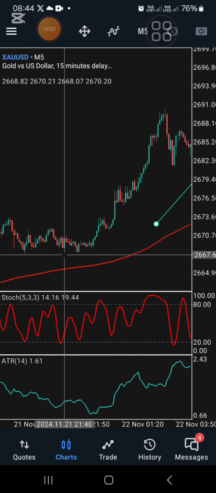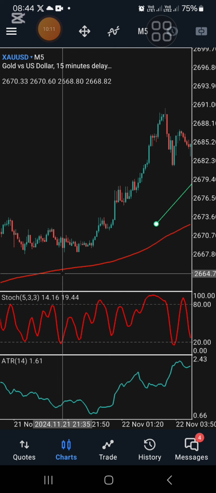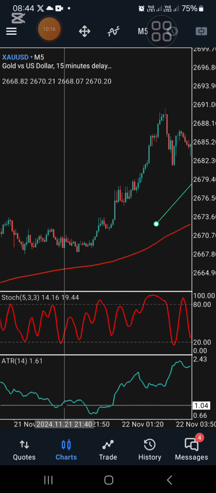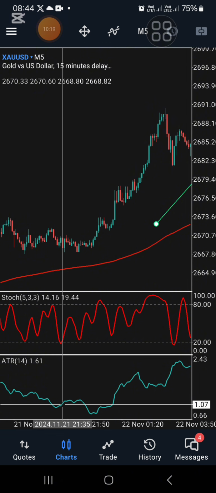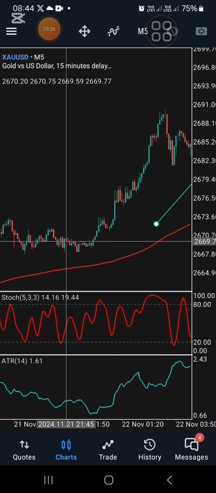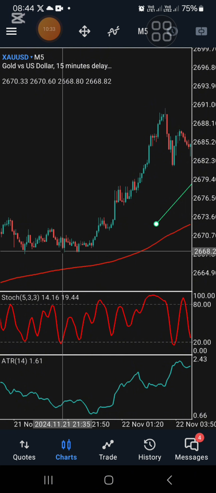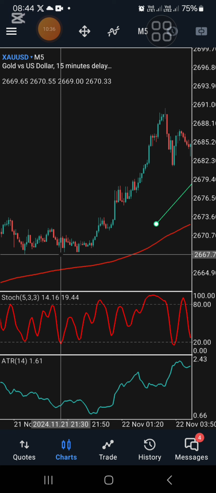For example, this was our entry price, and then we're going to subtract those pips. It was roughly 2670, and we subtract the value of the ATR here to get our stop loss.